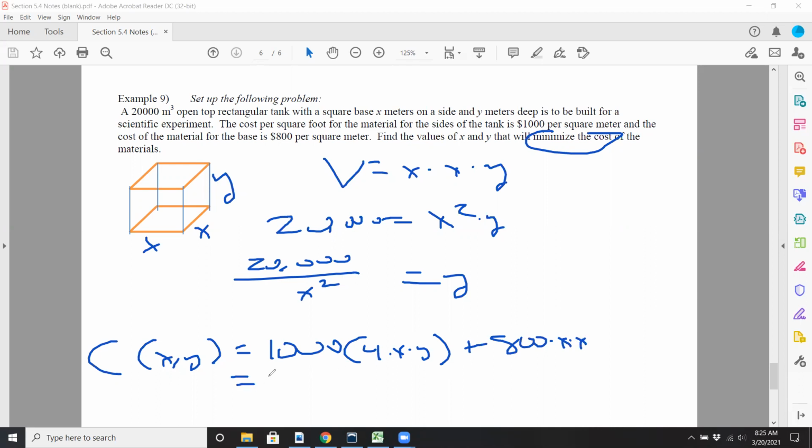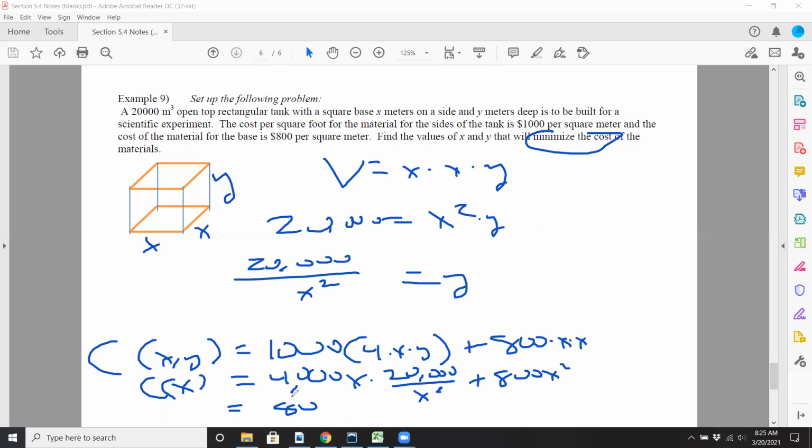If you replace y with 20,000 over x squared, you get 4,000 x times 20,000 over x squared plus 800 x squared. That'll give me the cost in terms of x. If you reduce it a bit more, you get 800 million.